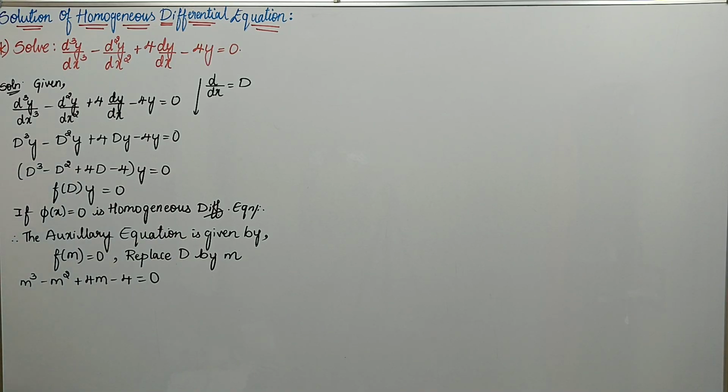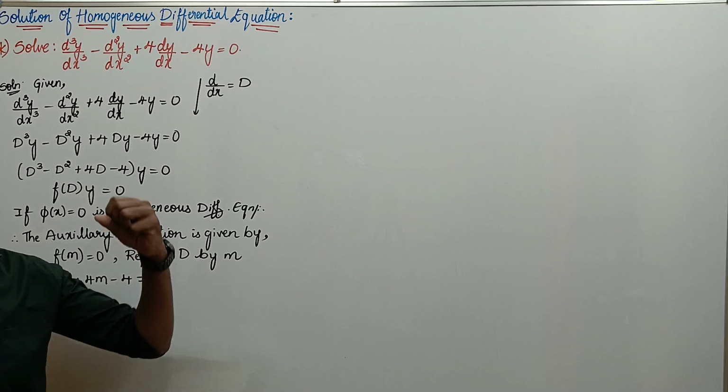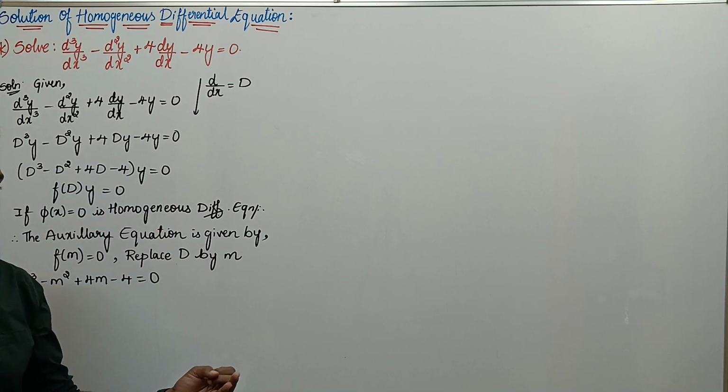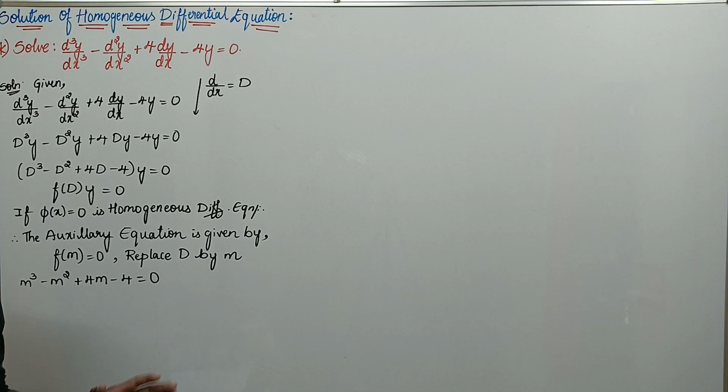Now, you can find the roots of this equation by what? Factorization, synthetic division or quadratic form. Before finding that, let us analyze how to find the roots. First, you need to analyze the equation. Can I simplify it with respect to the condition? Yes, you can. First, if you take m square as common and here 4 as common, you get the factors.